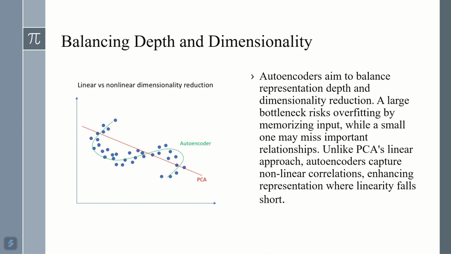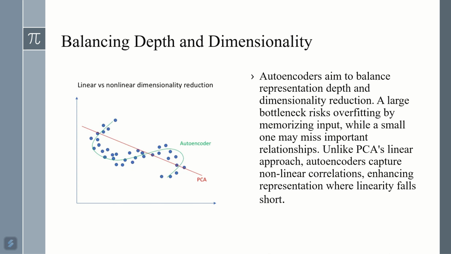new ones. On the other hand, if the bottleneck layer is too small, it might miss out on capturing important relationships in the data. It's like trying to describe a whole picture with just a few words. You might miss some crucial details.